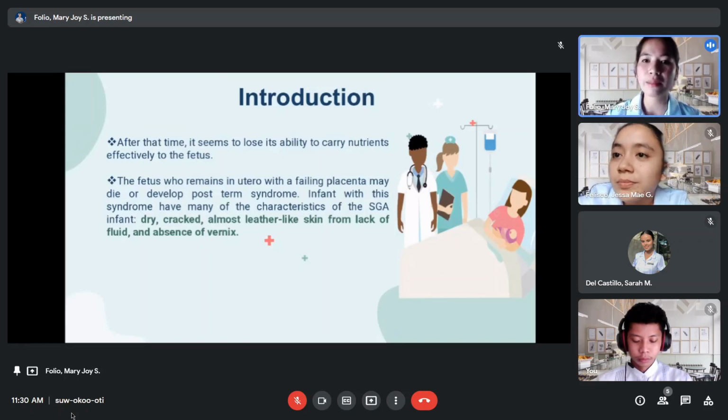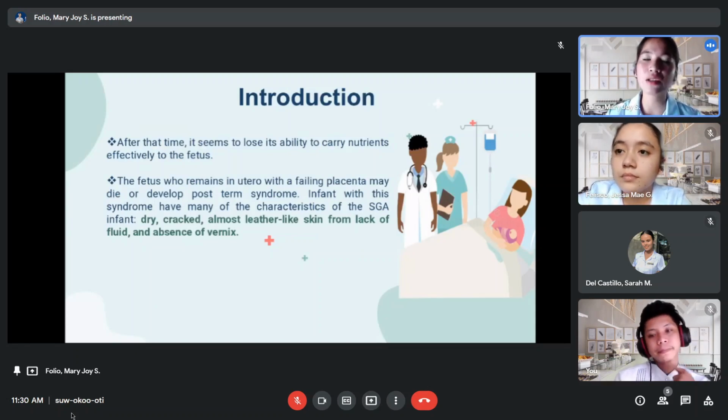It may have dry, cracked, almost leather-like skin from the lack of fluid and absence of vernix. Near the end of a term pregnancy, the level of the amniotic fluid decreases and the placenta becomes smaller, and it may be less effective in providing oxygen and nutrients.